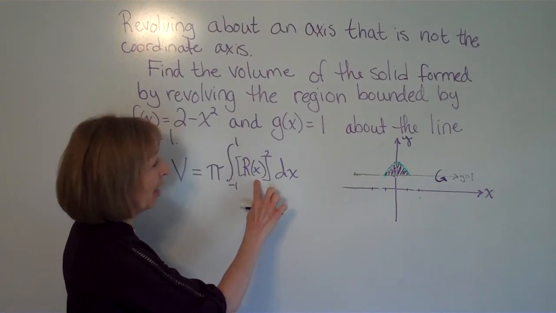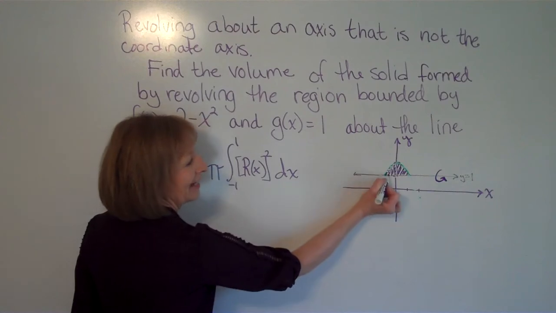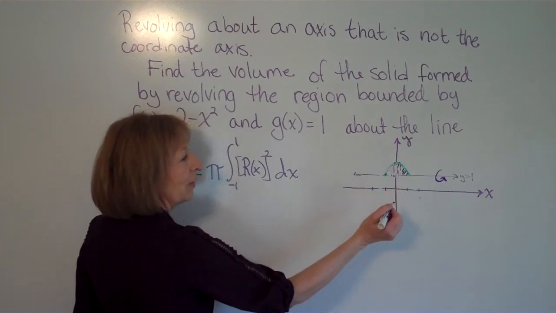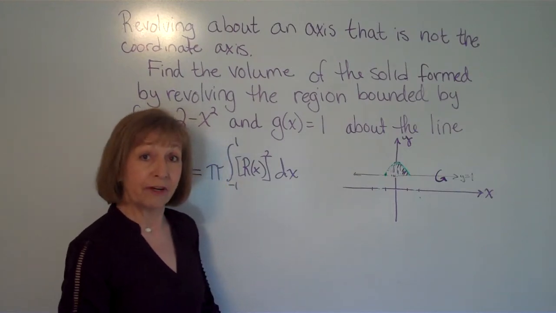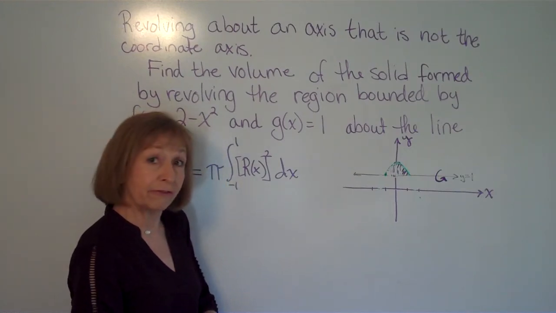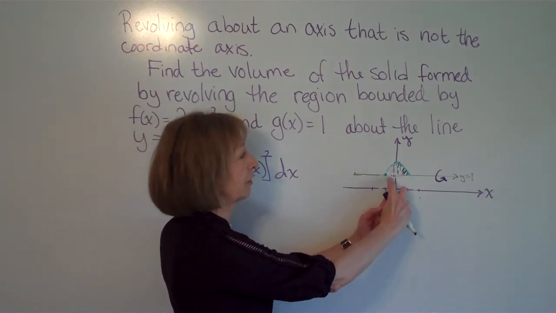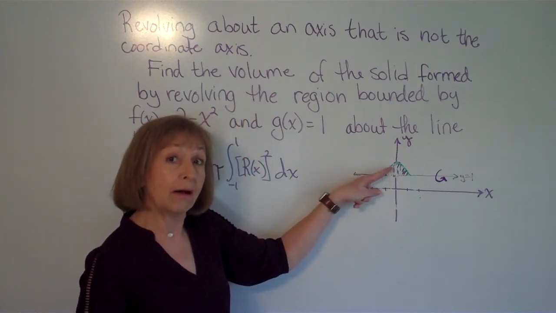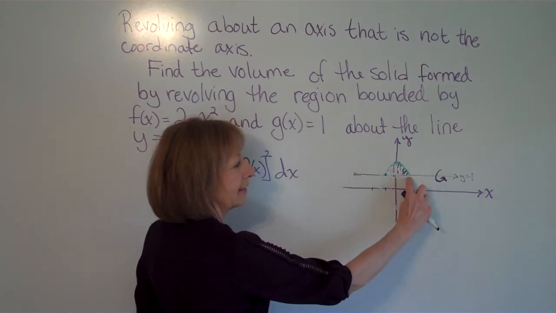And now this capital R of x, that's the radius reaching from the axis of revolution to the curve as you go. But when I think about how I have to set that up, I can't just use the function this time, because if I use the function, that's going from the x-axis all the way to the curve, and I'm only supposed to be going from y equal 1 up to the curve for where the region is revolved around that axis.